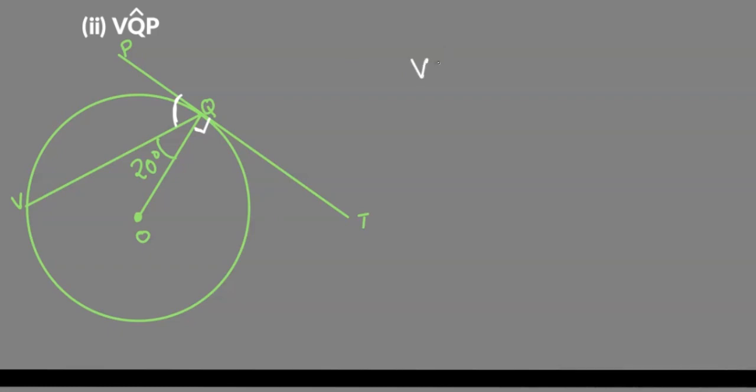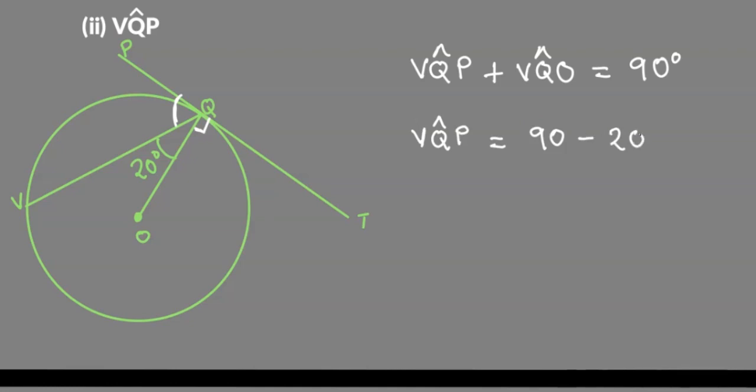So VQP plus VQO. These two angles are supposed to add up to 90. In mathematical terms, we will say these angles are complementary. When we find the difference, it's going to give us 70 degrees. This is how we can find VQP.